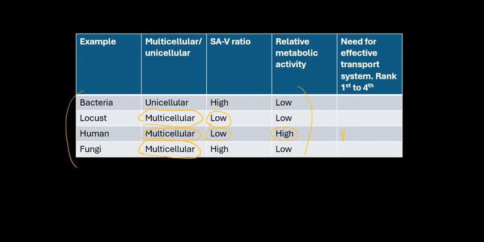So that is going to be first, followed by second, locust, followed by the fungi, which is a multicellular organism with a reasonably high relative surface area to volume ratio, third, and then finally the bacteria fourth.